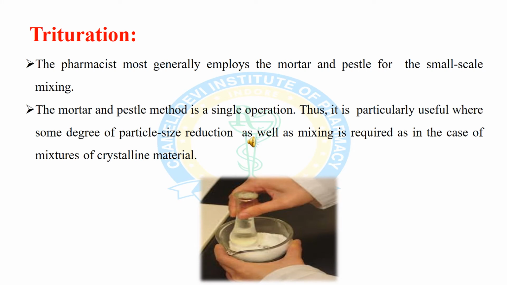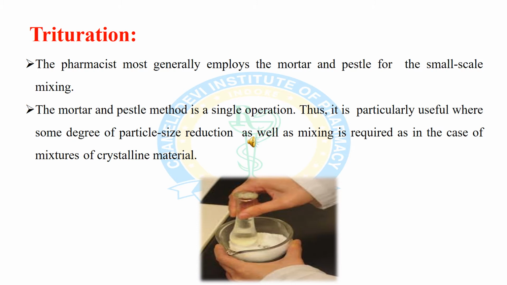The next method is trituration. Trituration is the process most generally employed by pharmacists, using the mortar and pestle, and used for small scale mixing. It is used both to reduce the particle size as well as to mix the powder. So if particle size reduction is desired along with mixing of powder, this method can be used.